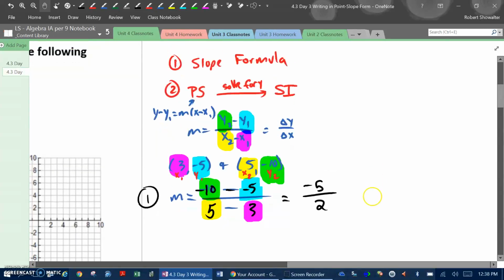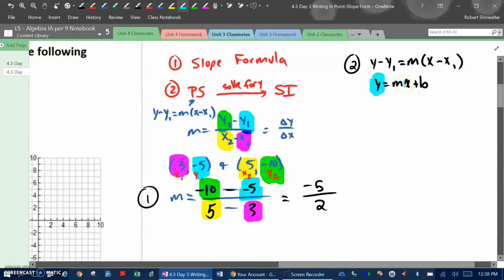The second one I want to talk about with you is point slope form to slope intercept form. So when we have an equation here, y minus y1 equals m times parentheses x minus x1, and we want to put it in slope intercept form, which is y equals mx plus b, essentially what we want to do is solve it for y.